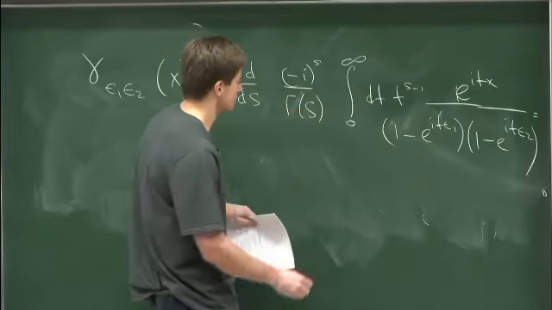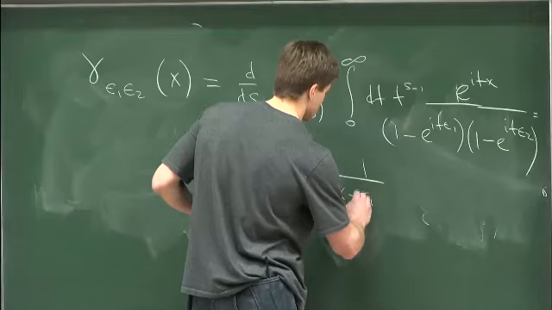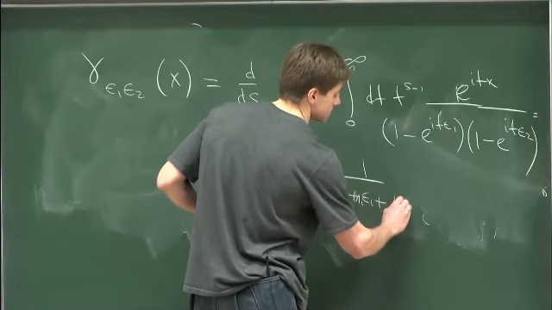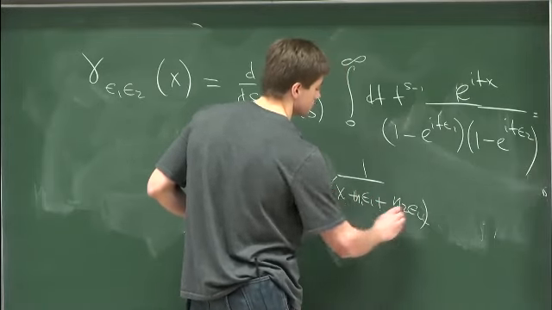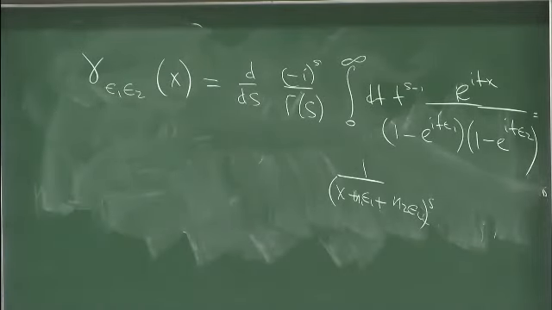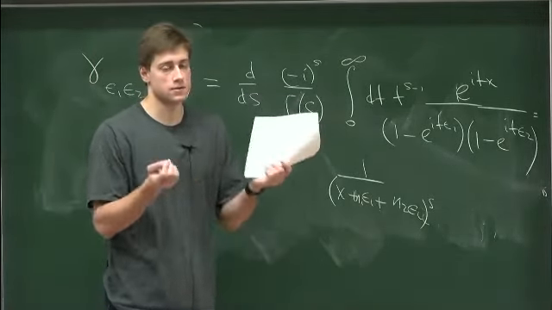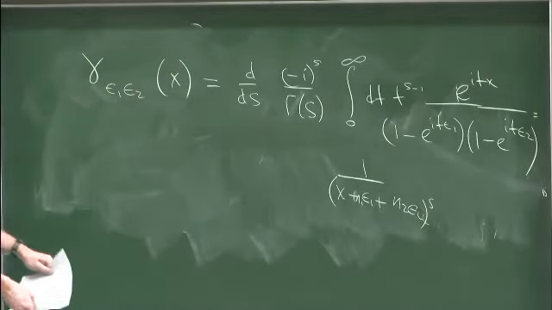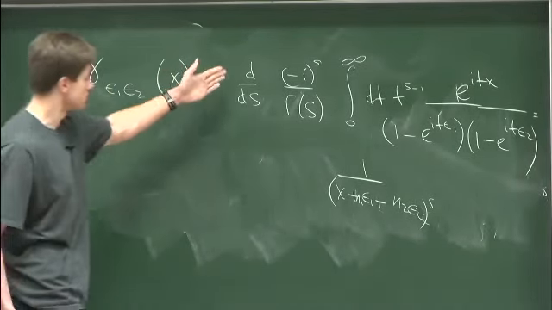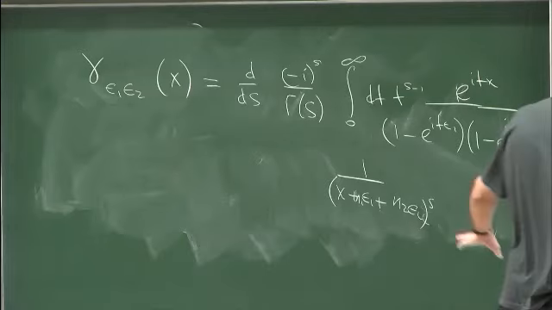You will get the sum over 1 over (x plus n1 epsilon1 plus n2 epsilon2) to the power s. So this is like a zeta function associated to one quadrant in the two-dimensional lattice. Okay, and since you take d over ds, then you would get the logarithm of the product of those factors.